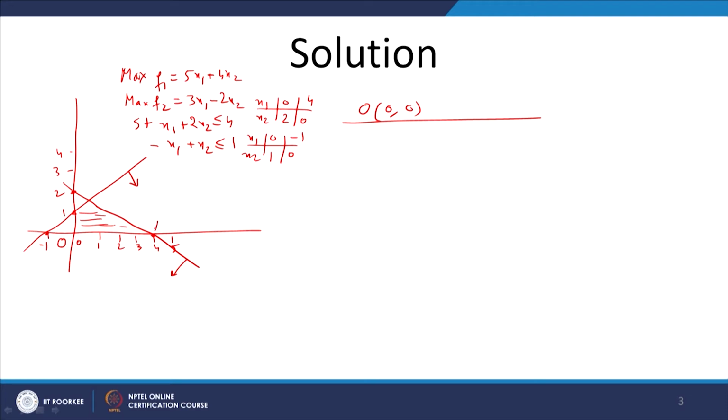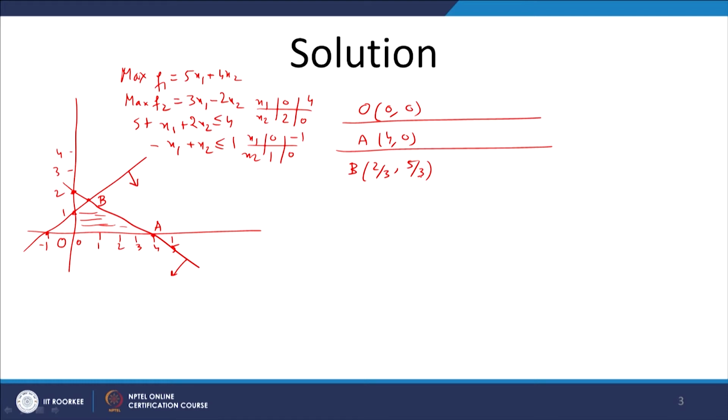Then the point A, which is given by 4, 0, and the third point is the point B. This point is the intersection of the 2 lines, and you can verify that the intersection of these 2 lines is given by 2 by 3, 5 by 3.